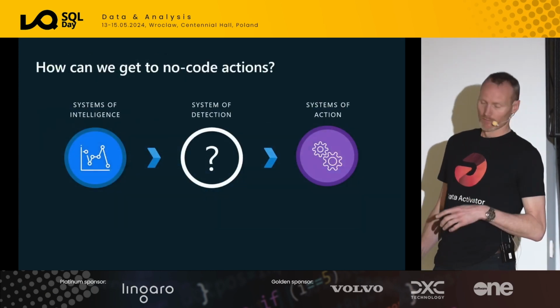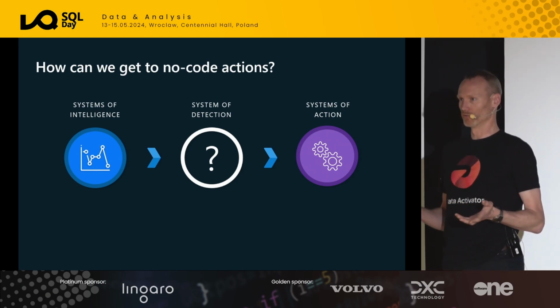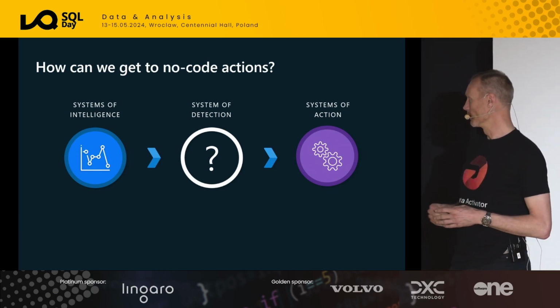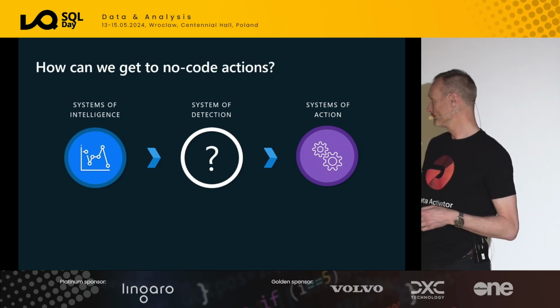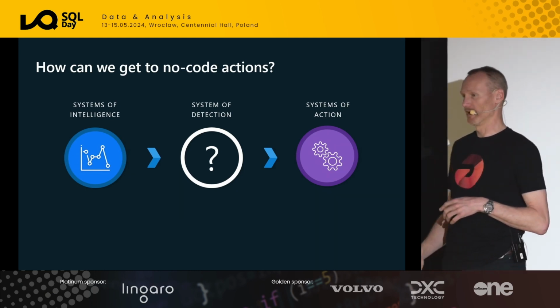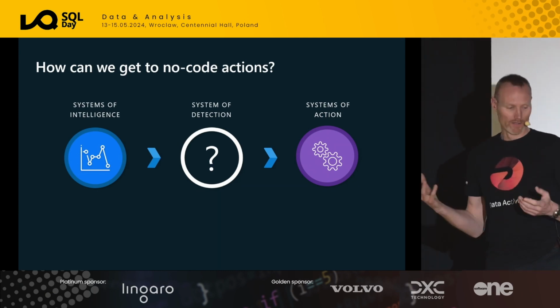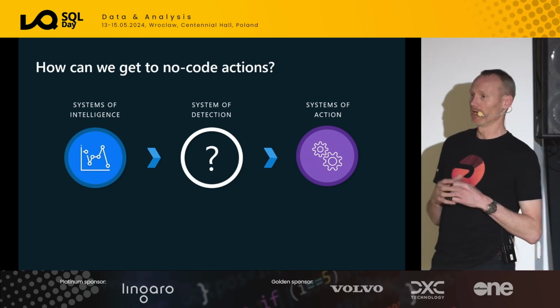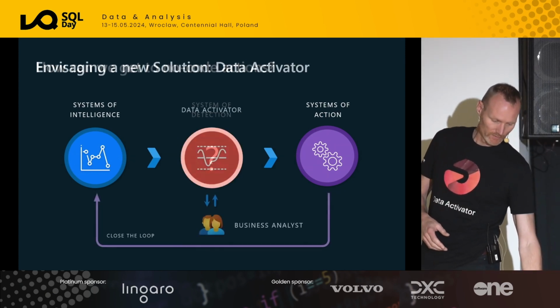So, as I said, Data Activator is this no-code solution. It's all about having your systems of intelligence, where you have all your data, and then your systems of action. And this hole in the middle has been missing in the Microsoft stack, and other vendors have not had it either. That is where we put in Data Activator.